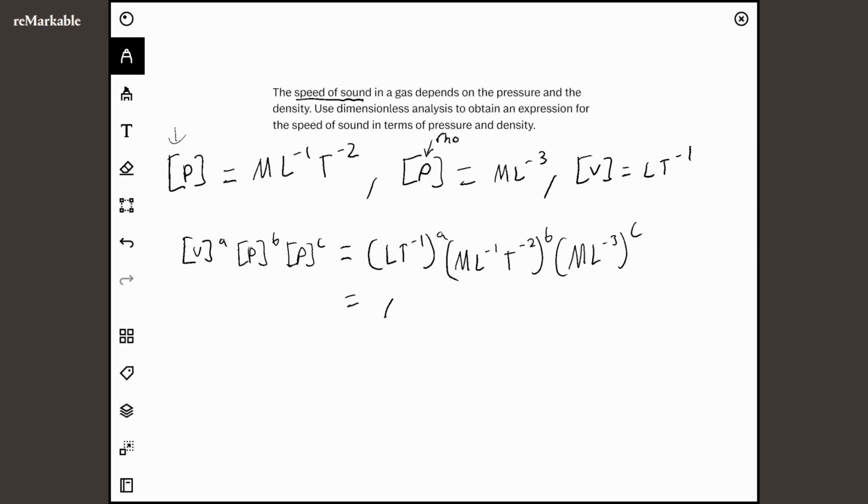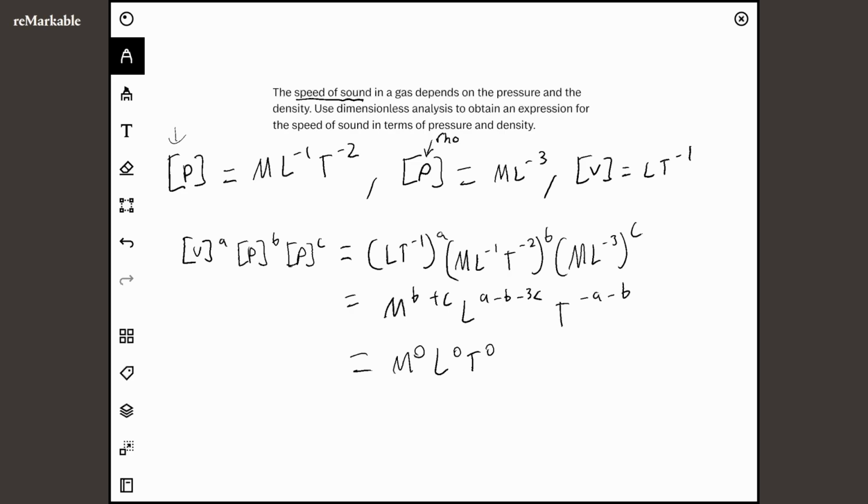This can be simplified to M^(b+c) L^(a-b-3c) T^(-a-2b). Now we want to equate this to M^0 L^0 T^0.